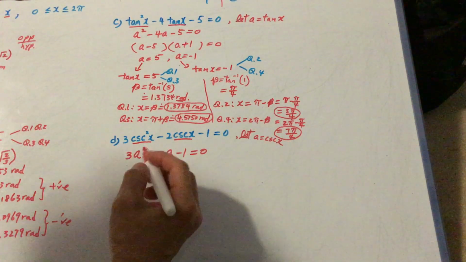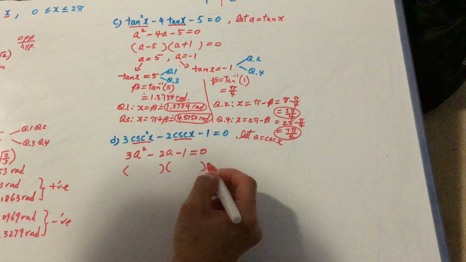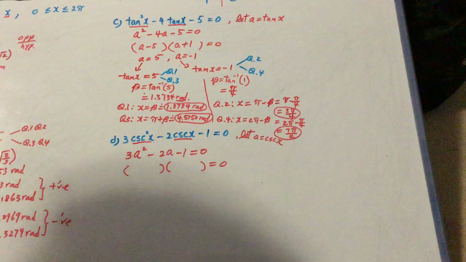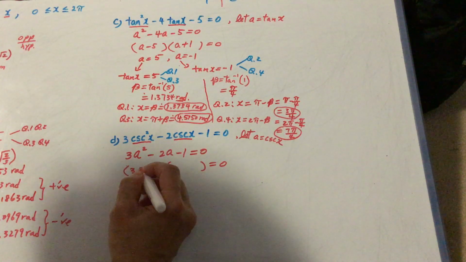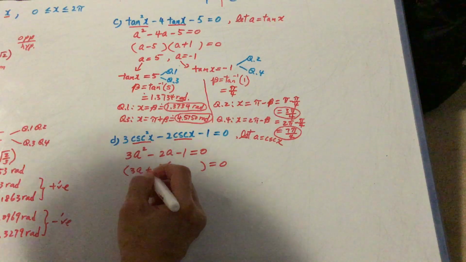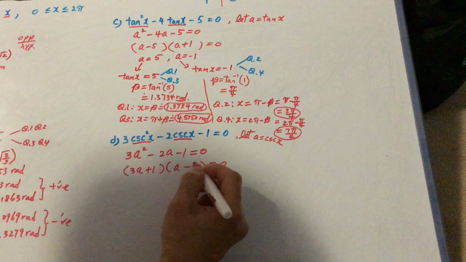And when you factor this complex trinomial, you can use guess and check or the decomposition method, you will see that you will have 3A plus 1 and A minus 1.